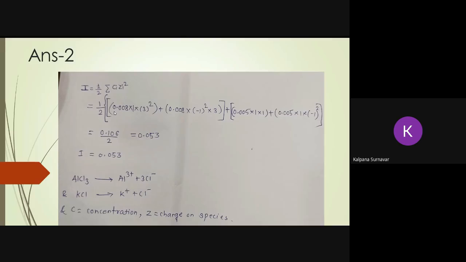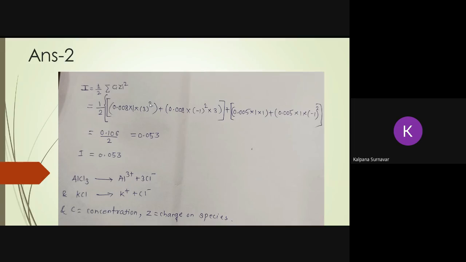The concentration of the Al3 plus ion is 0.008, into 1 ion, into charge plus 3, therefore 3 square. This is for Al3 plus. Second term, plus 0.008 into minus 1 square into 3, because Cl minus contains 1 charge and the charge is raised to 2. And how many Cl minus ions are there? 3. That's why I have written here 3.